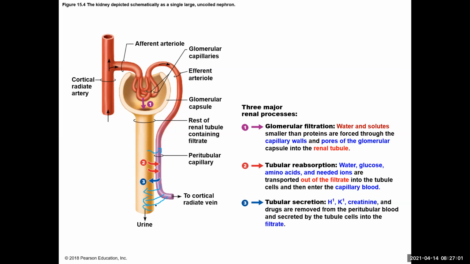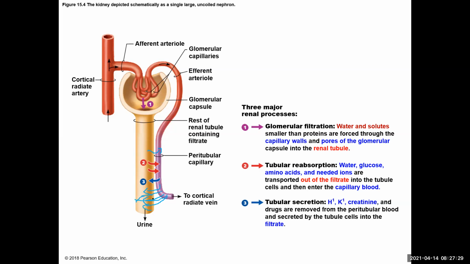Secretion is very, very important because it's the secretion which will maintain the acid base balance of the blood. Just in case a person has acidosis, your kidney will quickly send out more and more hydrogen ions, and it will retain more and more bicarbonate ions.